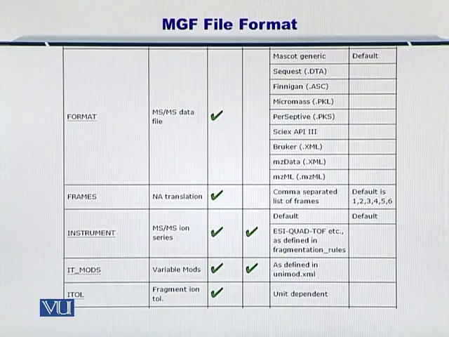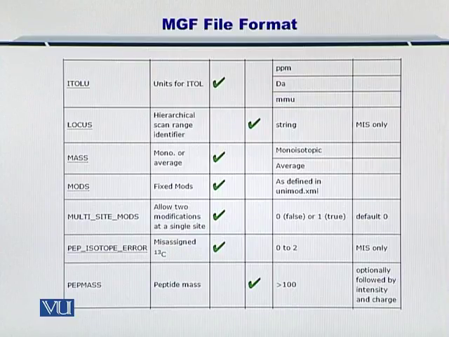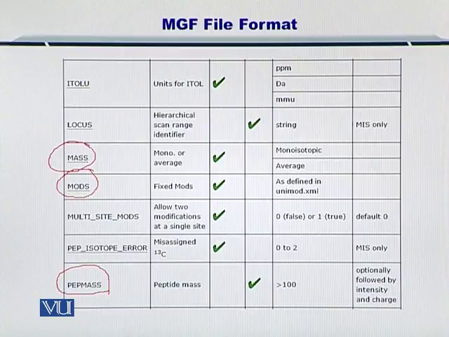Moreover, you can have attributes such as mods, mass, and pep mass. In mass, you specify the monoisotopic mass or the average mass, whichever you want to use in the search for the molecule. The mods include the fixed modifications and the post-translational modifications that may be there on your protein.